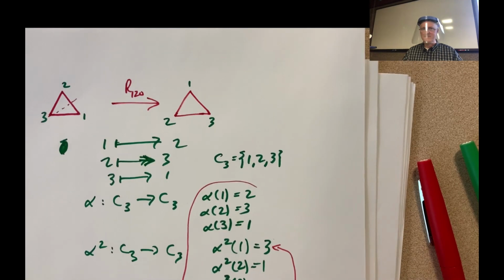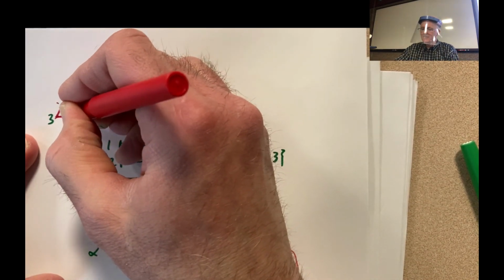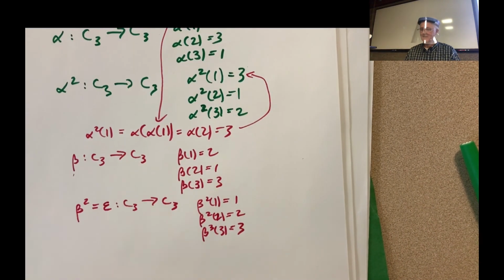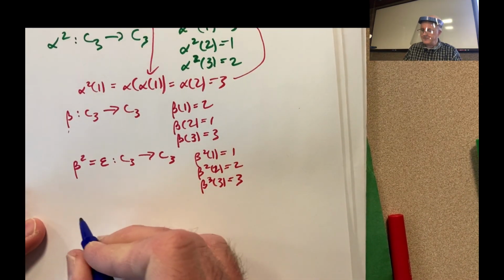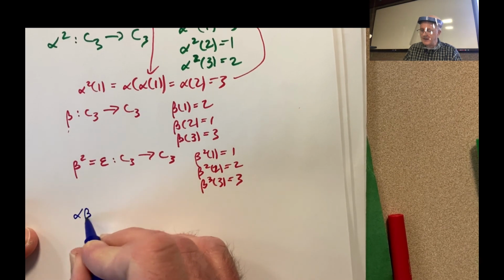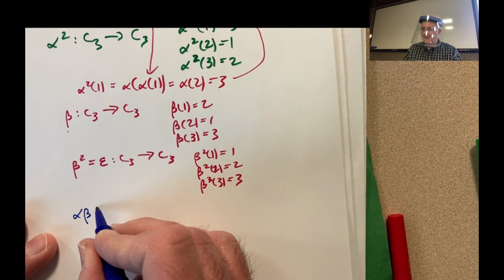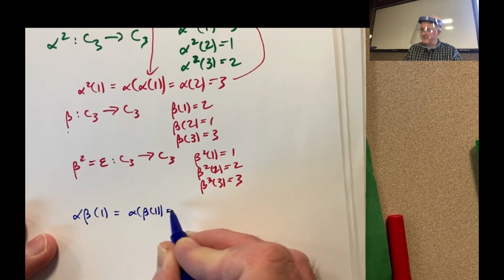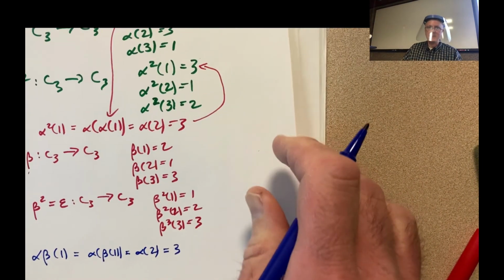What about the other flips? How about the other lines? Should I give those new Greek letter names? You could, but you don't need to. Turns out that alpha beta, alpha composed beta, will be a new permutation. What's alpha beta of 1, for example? It would be alpha of beta of 1, which would be alpha of 2, which is 3, looking back up here.